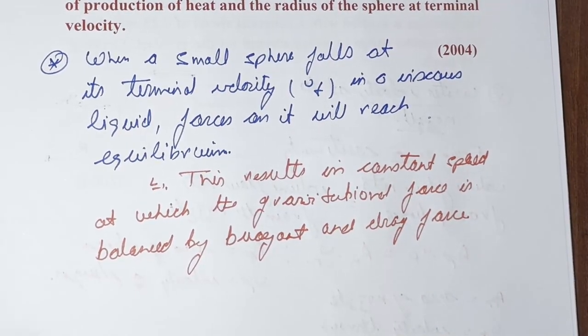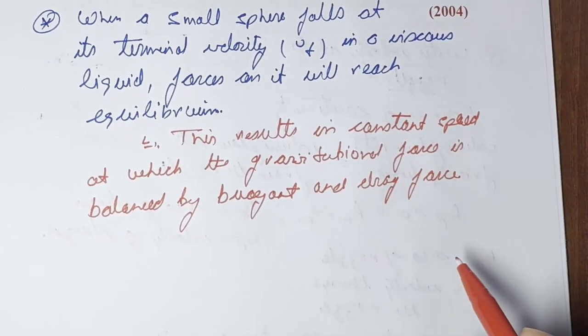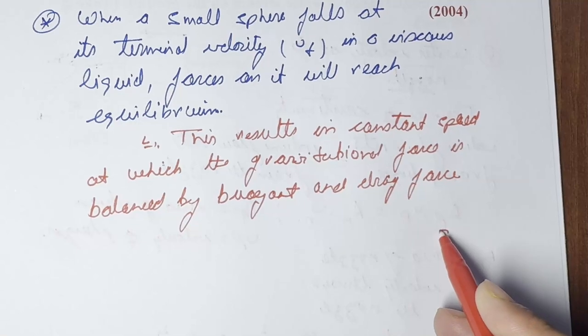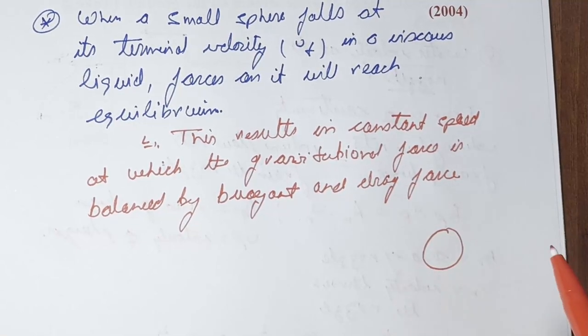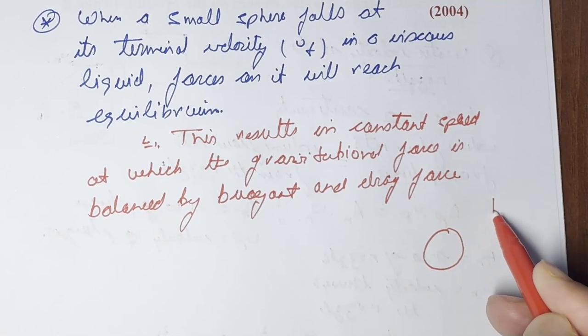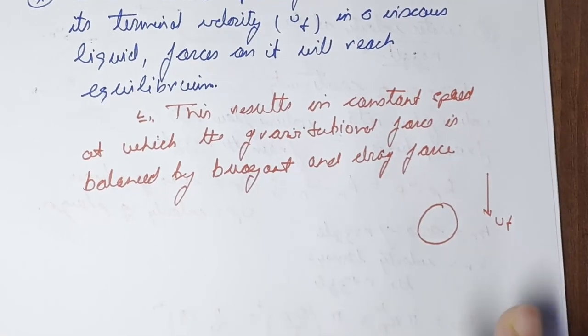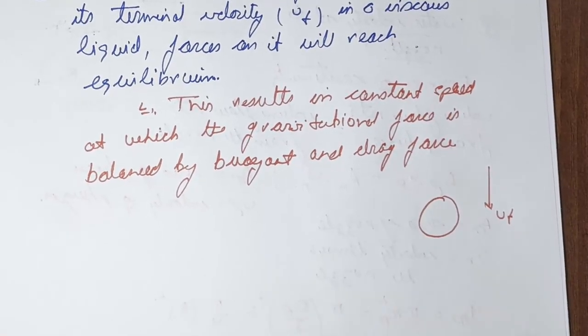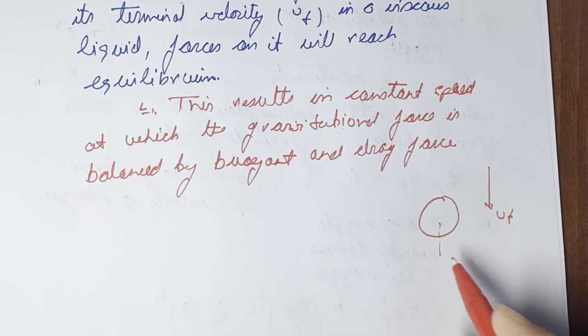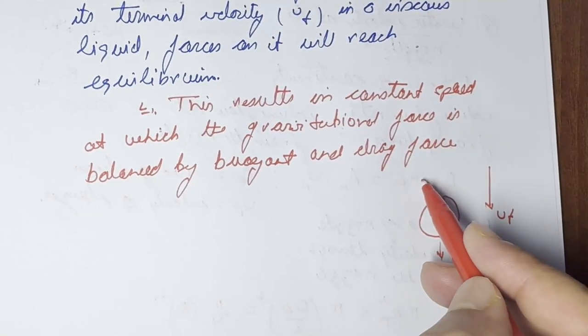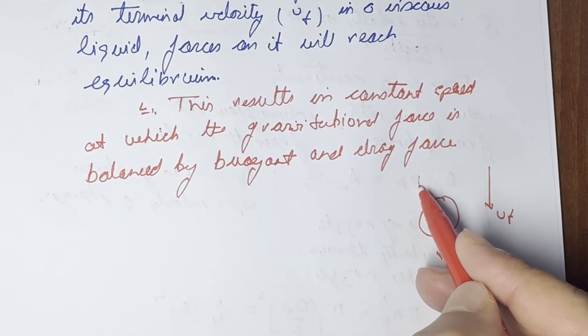So we can draw a rough approximate diagram for these two statements. So this is the sphere, and it is moving in the downward direction with the velocity Vt. So obviously in the downward direction there will be a gravitational force, and in the upward direction we are going to have two forces.